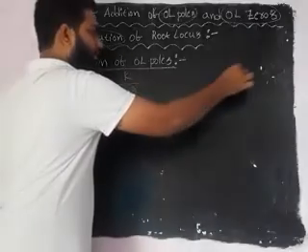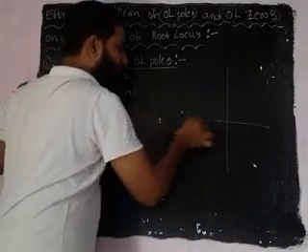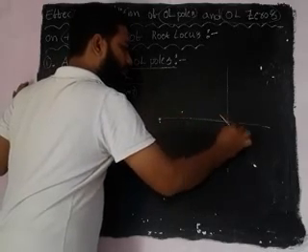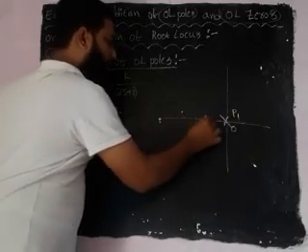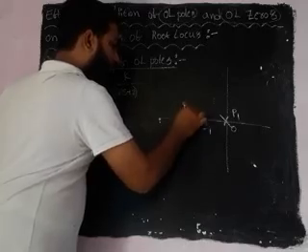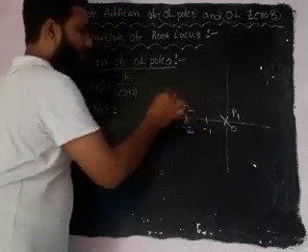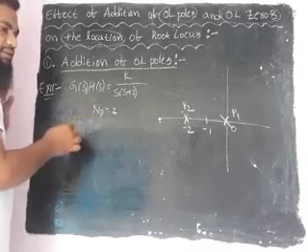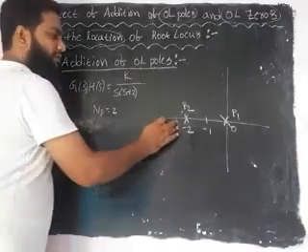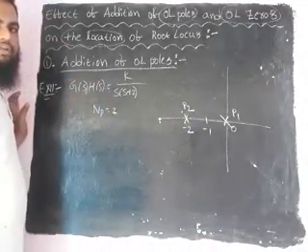Then I am going to locate these poles on the s plane. At s = 0 we have one pole, that is P1, and at s = -2 we have one more pole, that is P2. Next, how many root locus branches exist in this given open loop transfer function?